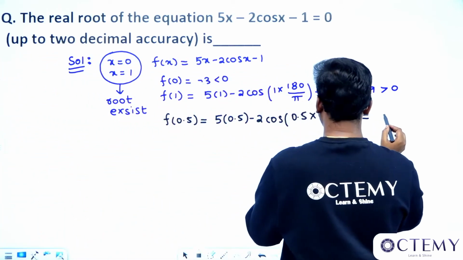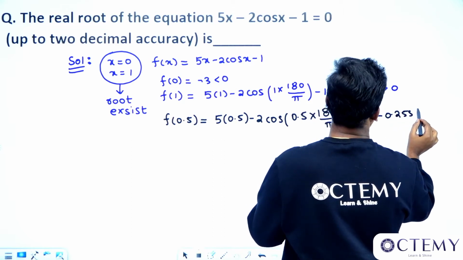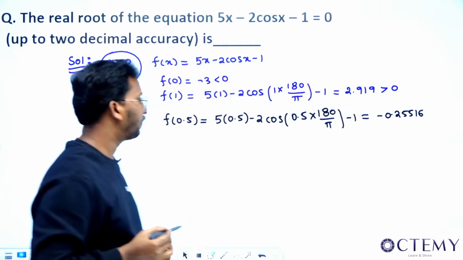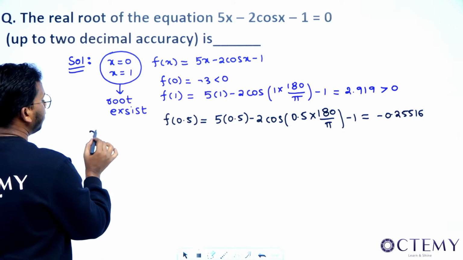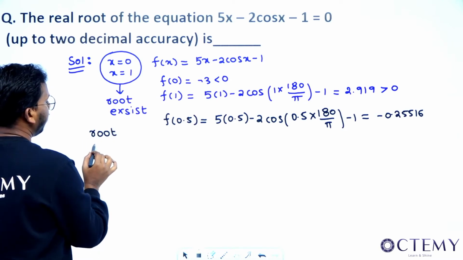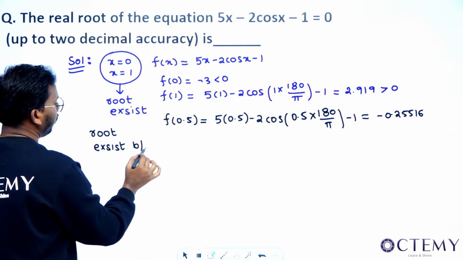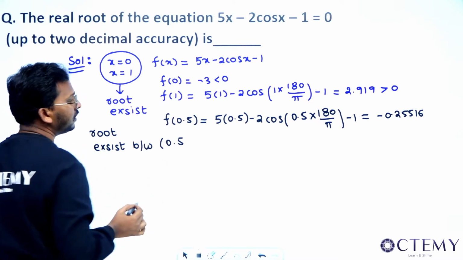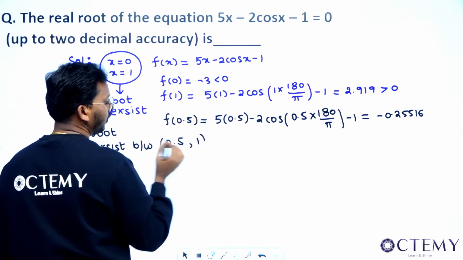This is coming up to be minus 0.25516, right? That is less than 0, right? So I can definitely say what, sir? Root exists between, now I can rewrite this statement as root exists between what and what, sir? 0.5, because this is negative, and 1, right?